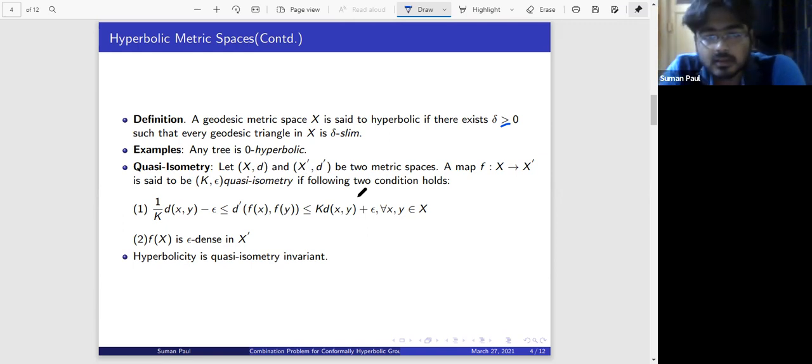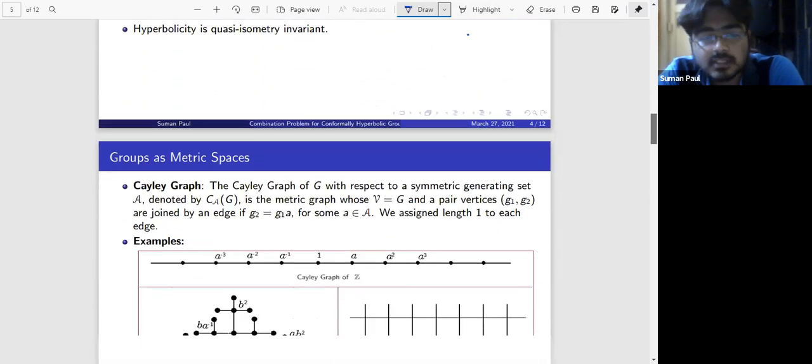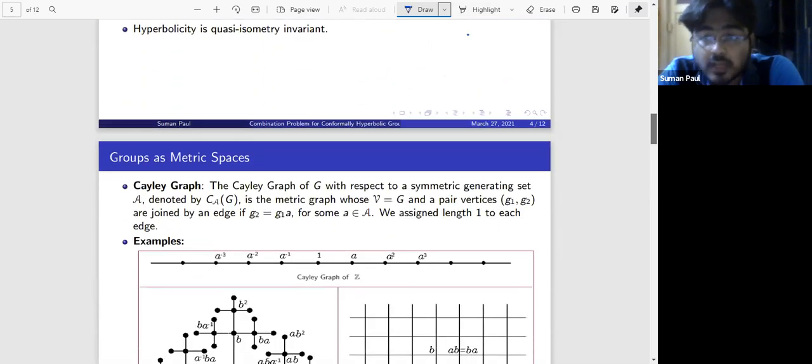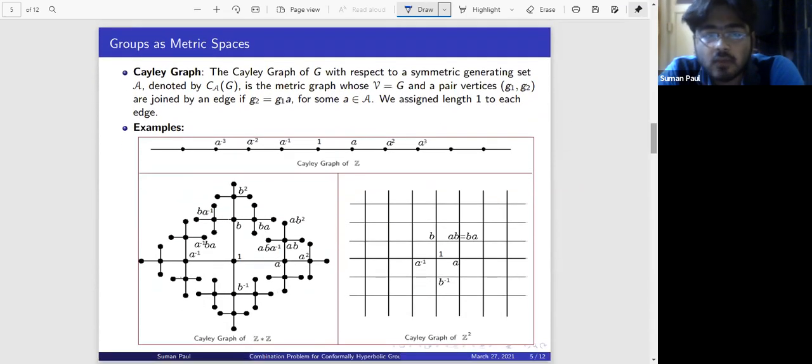Okay. So next we will define what are hyperbolic groups. For that, we first need to see a group as a metric space. How to do that? Basically, we attach a graph to each group, which is called the Cayley graph.